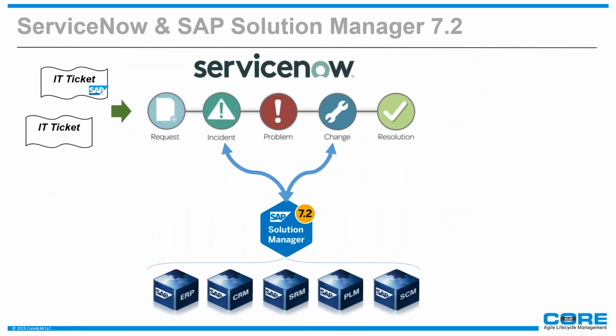And then the main area that we're going to talk about today is the ServiceNow connector. In this case you have SAP Solution Manager at the bottom that is connected to all of your SAP environments. If you're running Charm, or interested in deploying Charm, you're using SAP Solution Manager to manage all of the transports that go from one environment to another.